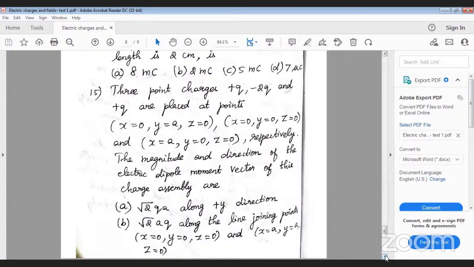These charges are placed at different points, and they have given the coordinates of the points too, and due to the charge assembly you will be getting the net electric dipole moment, and you have to find out its magnitude and direction. I think you all understood the question very well. So now we will be discussing the solution for this problem.